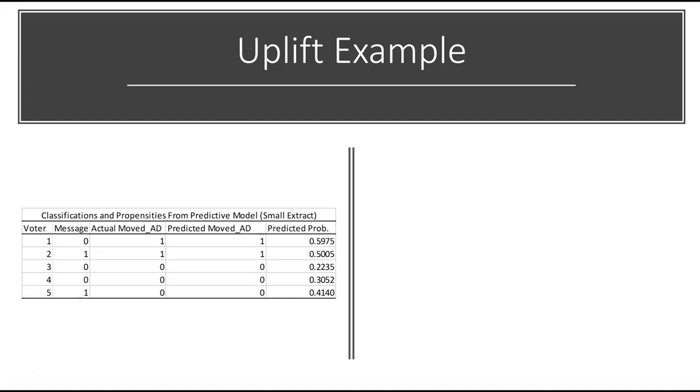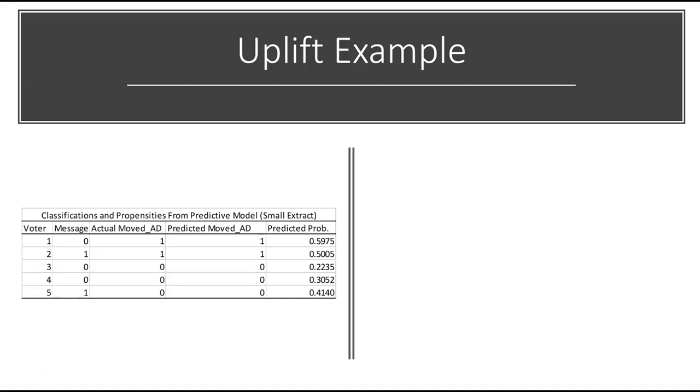The purpose is so that the campaign can use a targeted approach with limited resources, directing them towards the voters most likely to be persuaded. That's also why this is sometimes called a persuasion model, because you're looking at propensity to be persuaded.